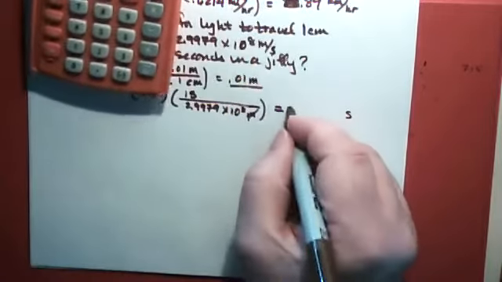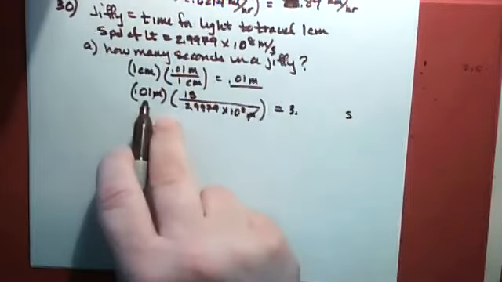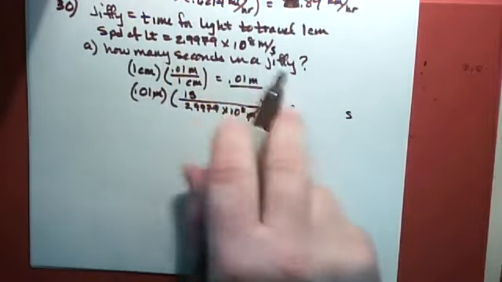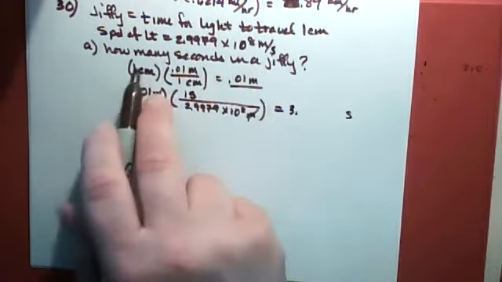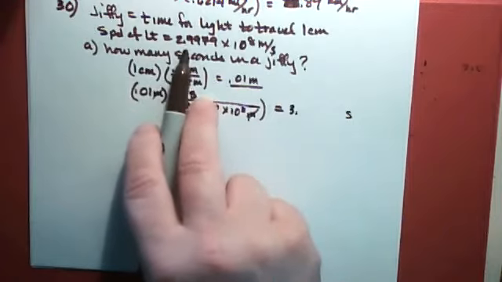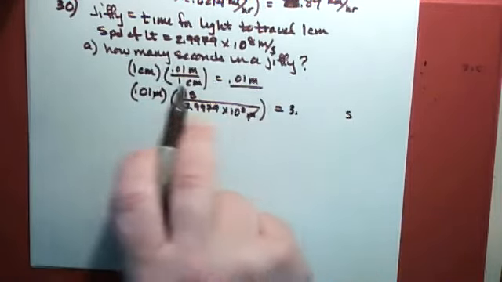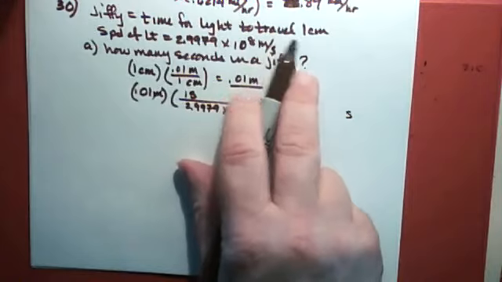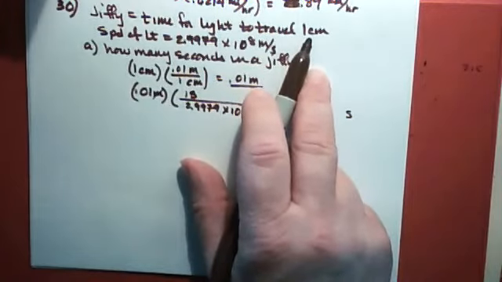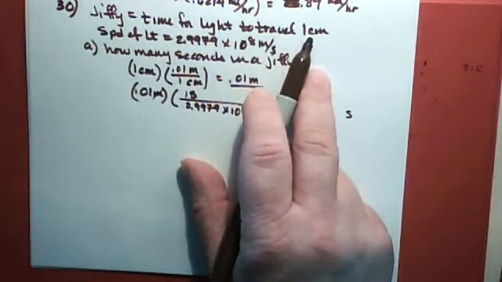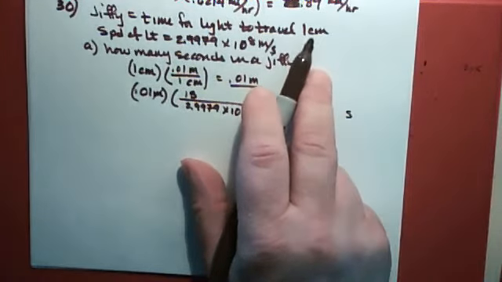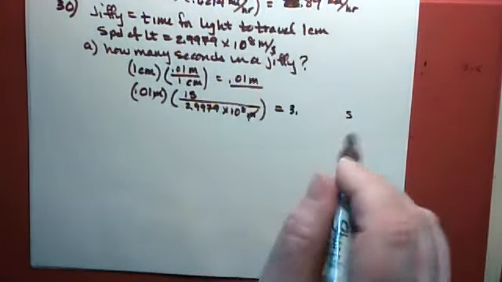And we get 3 point... let's see, we got 1, 2, 3, 4, 5 significant figures there. When he says 1 centimeter, I'm going to assume that that is an exact number. He meant exactly 1.0000, on to infinity, centimeters.